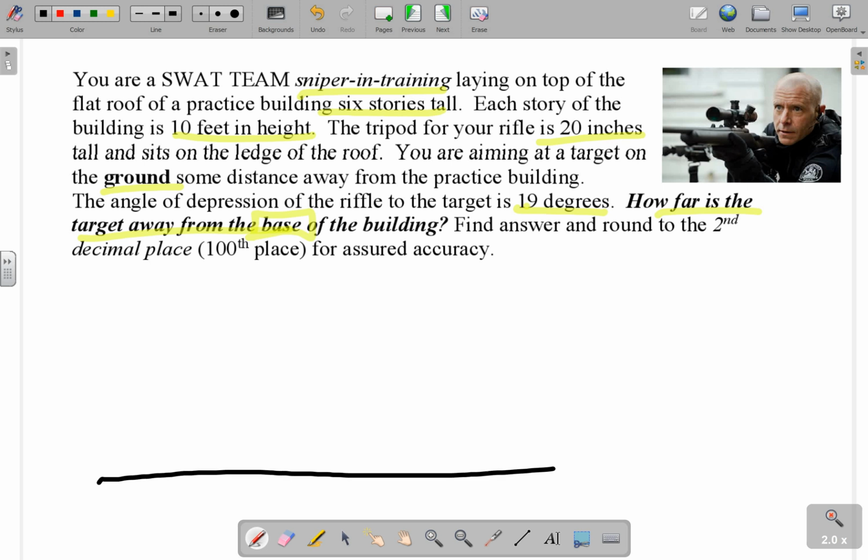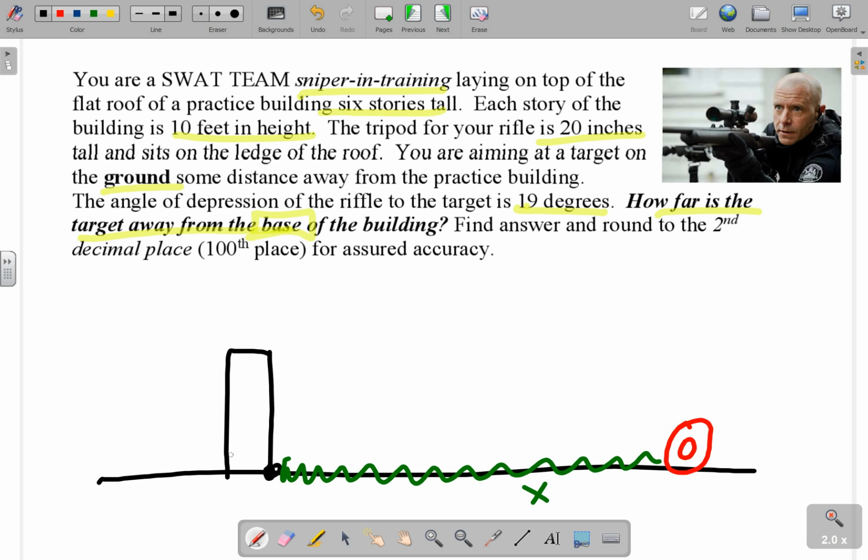So you establish a ground line. We have a target that's on the ground. We have a building. Our ultimate goal is to find this distance from the building base to the target.